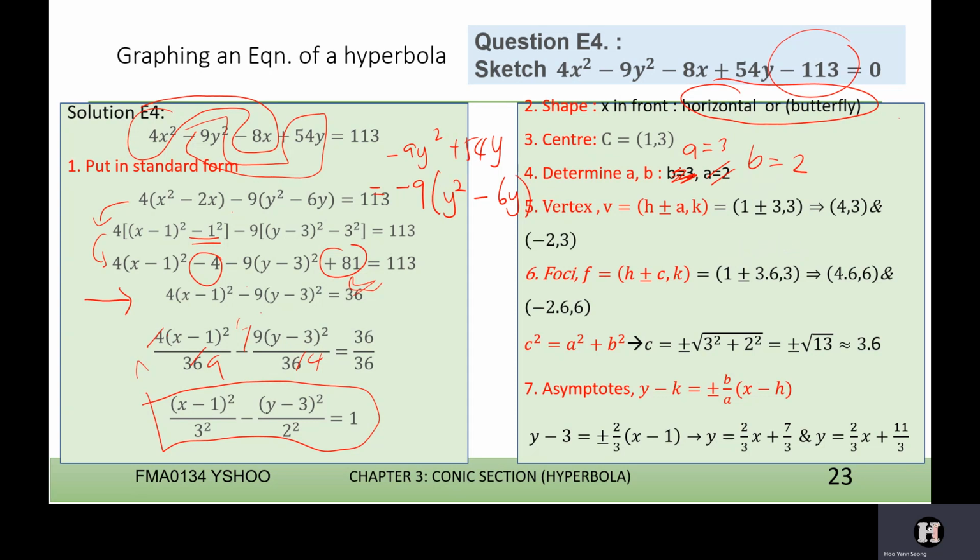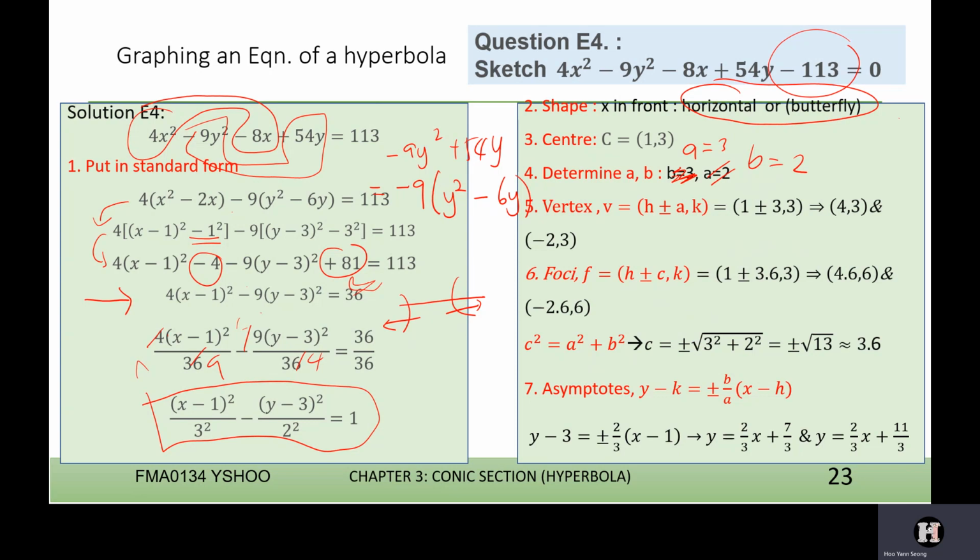If you want to use this to calculate your vertex, since this is a butterfly, you go left and right, so you have h plus minus a, and the foci is h plus minus c. Still remember how to calculate c? c is plus minus the square root of a squared plus b squared.